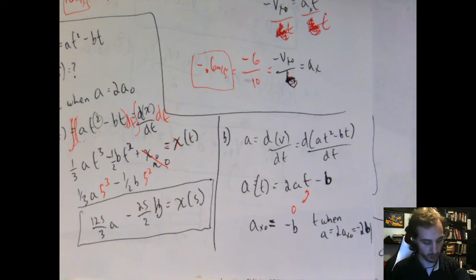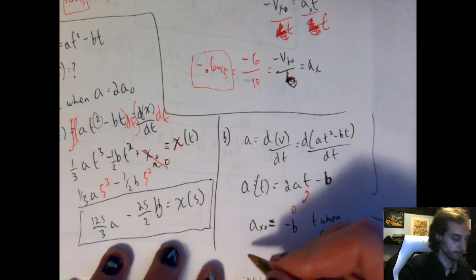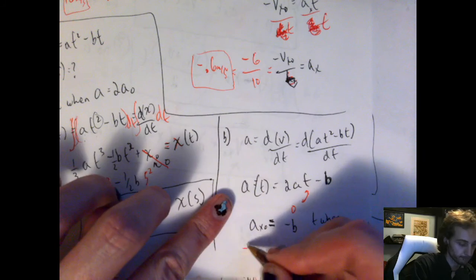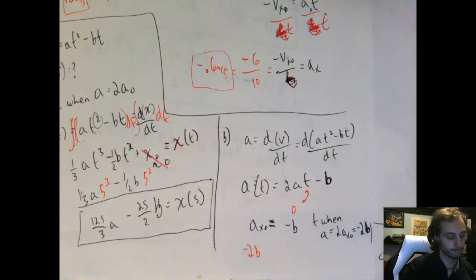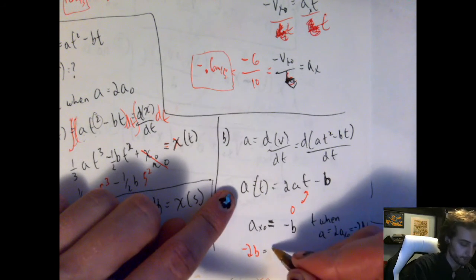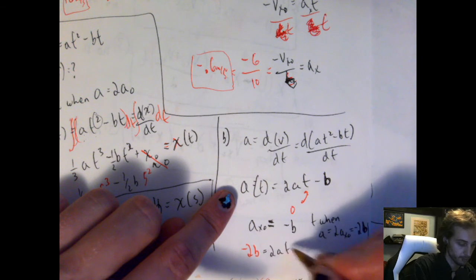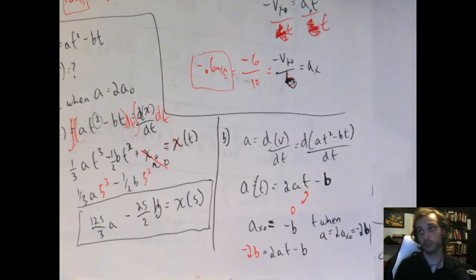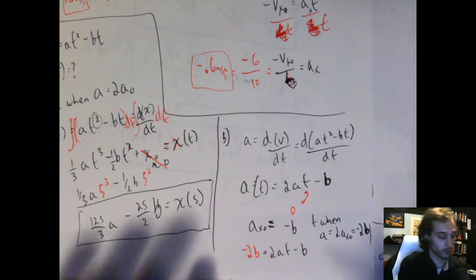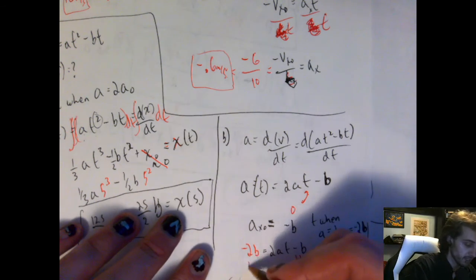So what we can do is plug in negative 2b for our acceleration into our acceleration equation. Negative 2b equals 2at minus b. And we're just solving this for t, and we're done. Add b to both sides.